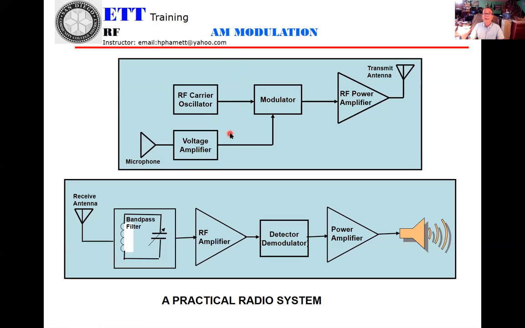In this transmitter, very simple. The modulator circuitry gets two inputs, one coming from the IF carrier oscillator, and another one where we get the voice here, and goes to the voltage amplifier.